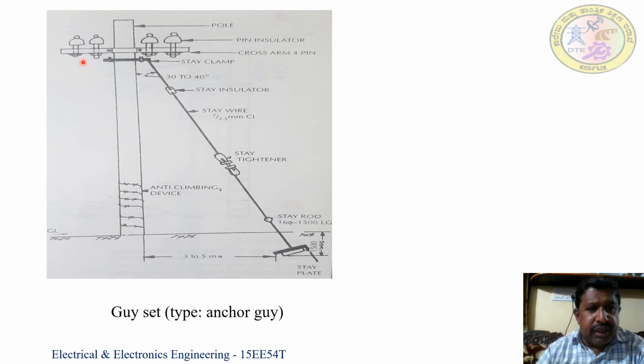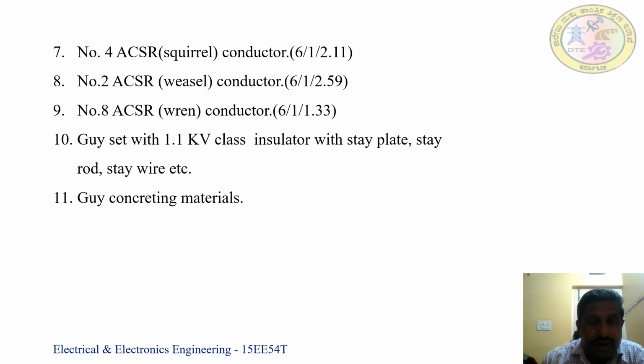Next, we'll see the cross arm, 4-pin cross arm. So 4 pin insulators can be fixed. On top of the insulator, the wire passes. The pin insulator will hold the ACSR conductor. The next item is number 4 ACSR conductor, that is spiral conductor.